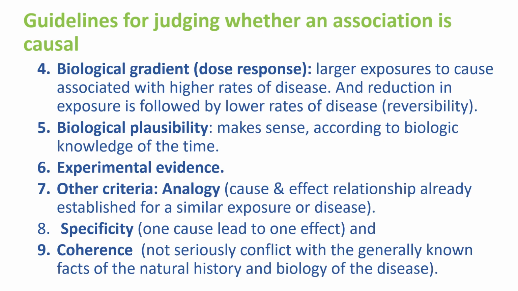If a larger exposure to a cause is associated with a higher rate of disease, this means there is a biological gradient. And if reduction in exposure is followed by a lower rate of a disease, this is reversibility. This could support a causal association.